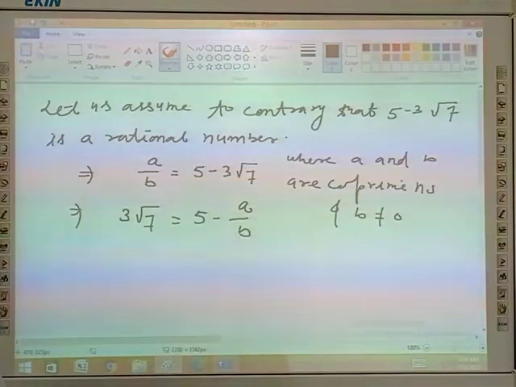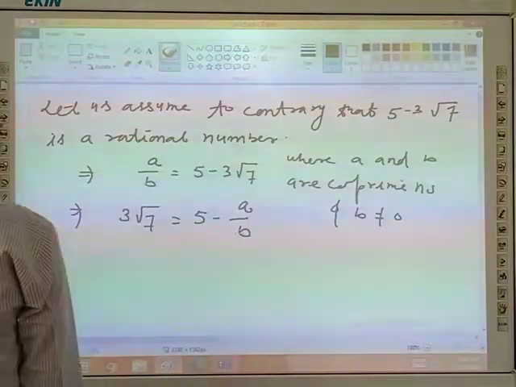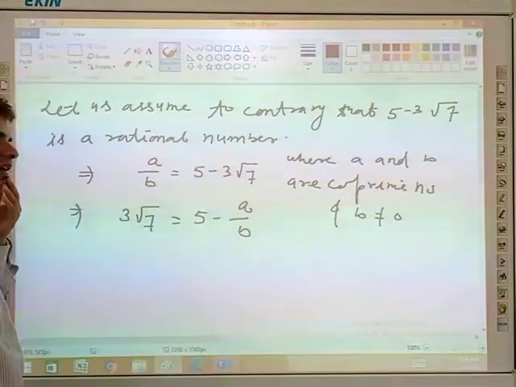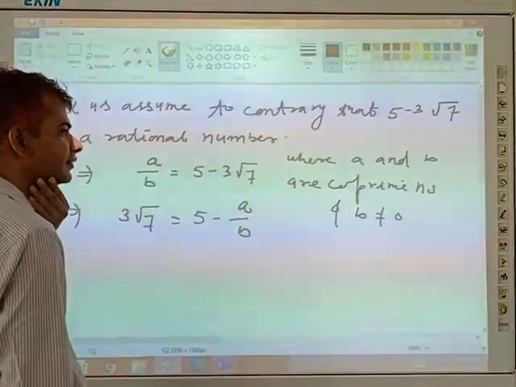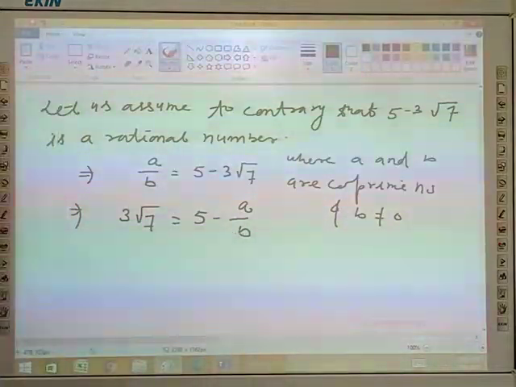Students, what are co-prime numbers? Numbers whose highest common factor is 1. Okay.